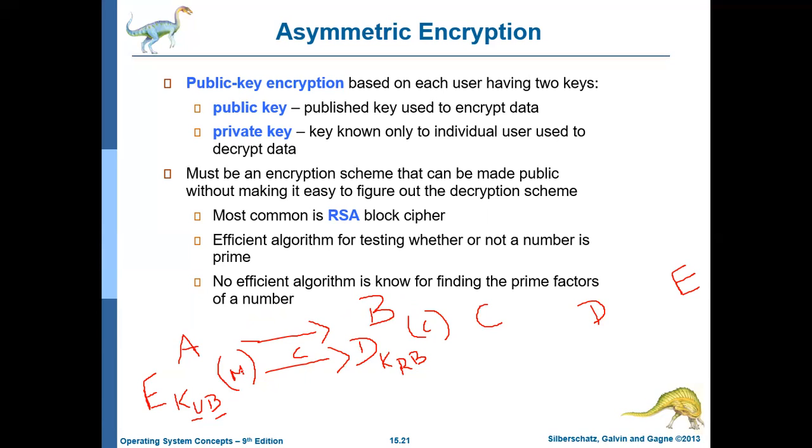For that, if authentication is required, A will encrypt the data using his private key, that is, using the private key of A, and then A will send the data to Bob.